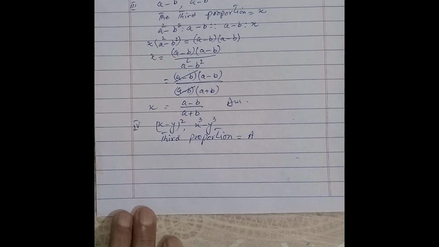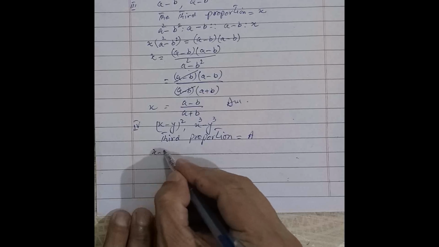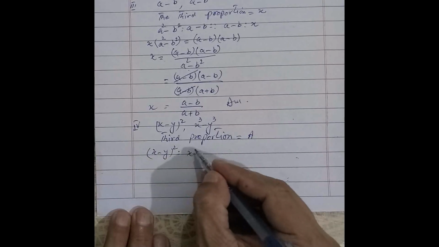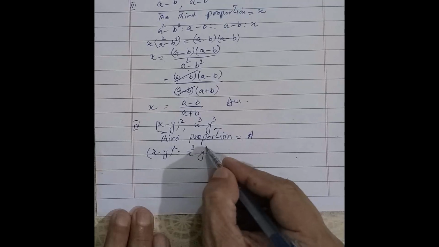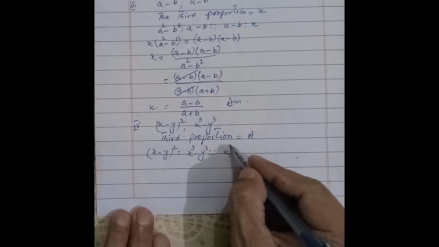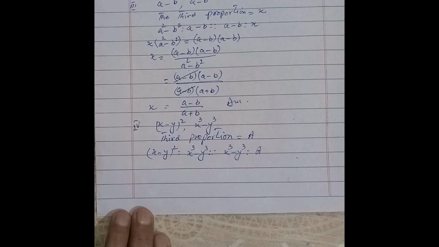The third proportion is a. So we write the value (x minus y) whole square ratio x^3 minus y^3 proportion x^3 minus y^3 ratio a.